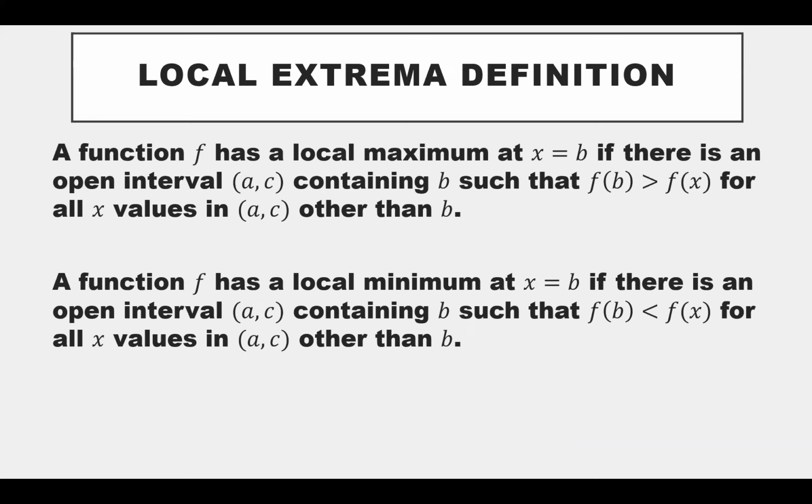So a function has a local, so we'll start with local extrema. A function has a local maximum at x equals b if there's an open interval containing b such that the output value you get when you plug in b into f is greater than all other output values when you plug in anything else into f that's within that open interval.